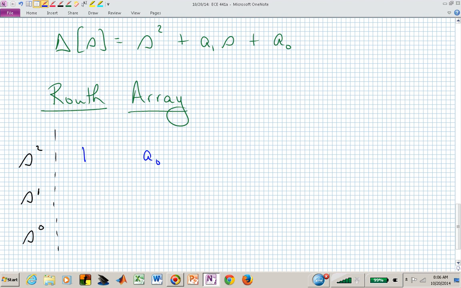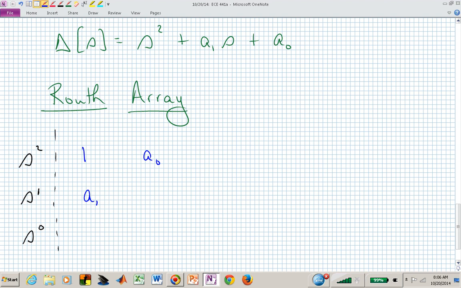Did you have anything in your second row, the s to the 1 row? Now you just look down, you say, okay, I have an s squared, that's my highest. I go 1 less than that and start the process. I look at the coefficient of the s term, which is a sub 1, and I then run out of coefficients.